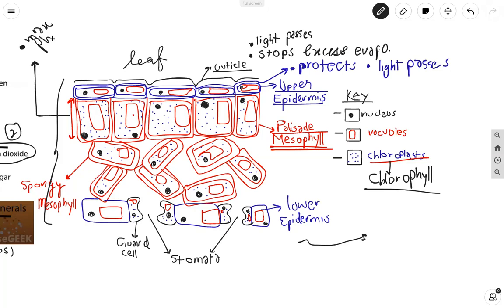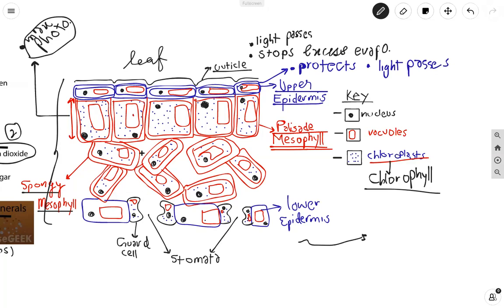I'm just going to abbreviate here as well, so you know that this means maximum photosynthesis. This is because the palisade mesophyll is elongated, with chloroplasts packed inside the cell, and that means more chlorophyll and more retention of sunlight. Below that we have the spongy mesophyll, and as I have mentioned, they are slightly different in their structure from the palisade mesophyll.